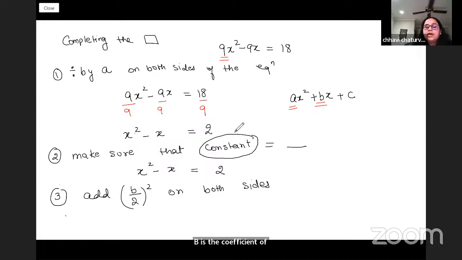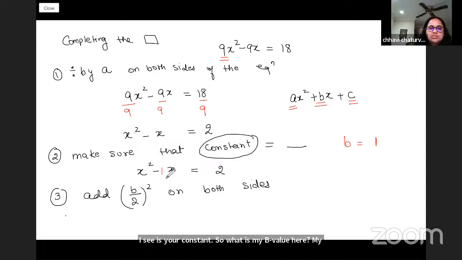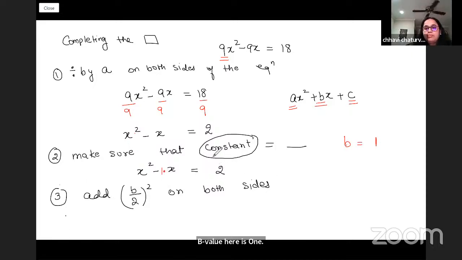You can see a is the coefficient of x squared and c is your constant. So what is my b value here? My b value here is 1. This is just 1. And yes, we are ignoring the sign of b.